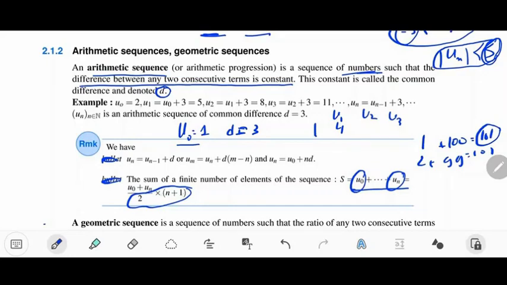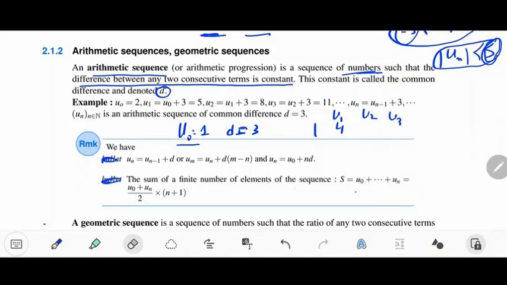I multiply u0 plus un by half the number of terms, because u0 plus un already gave me the sum of any two terms, like the first and the last, or the second and the second before the last, etc. So these formulas are to be known, they will be used widely, the formulas of the arithmetic sequence.